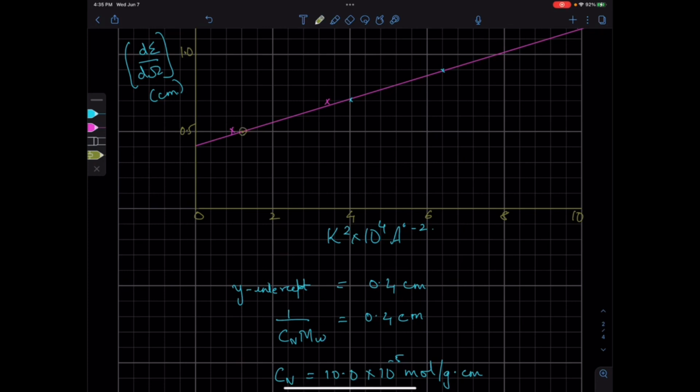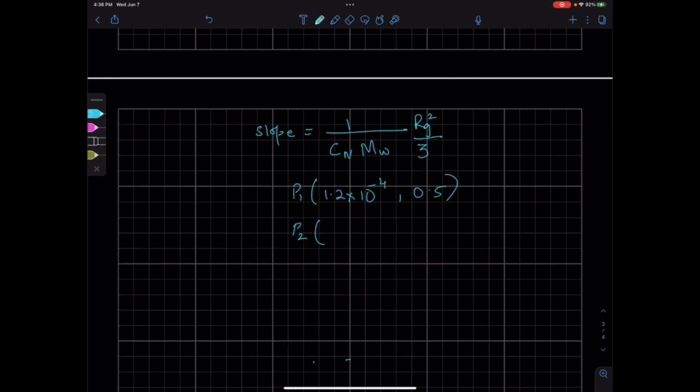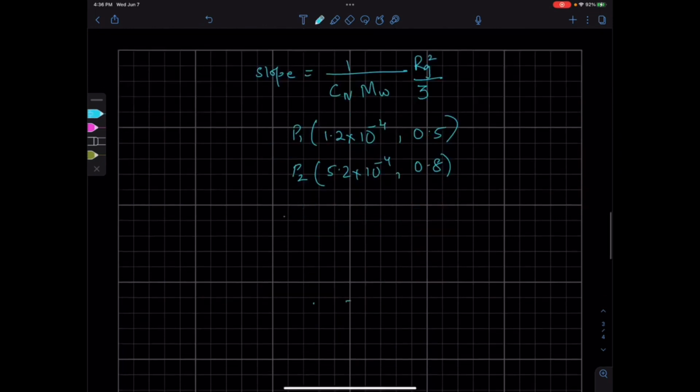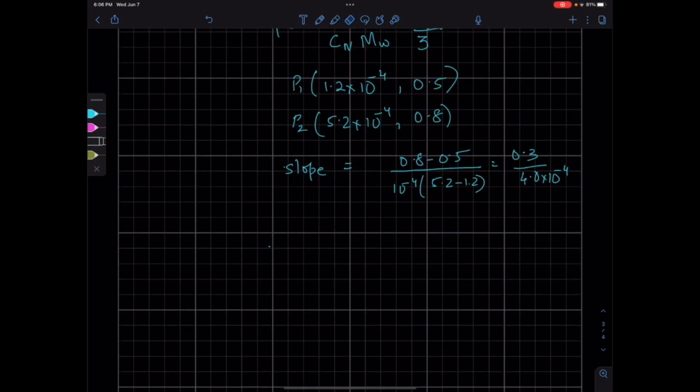The other point, 5.2 times 10 to the -4 and 0.8. So the slope is equal to 750 centimeter Armstrong squared.